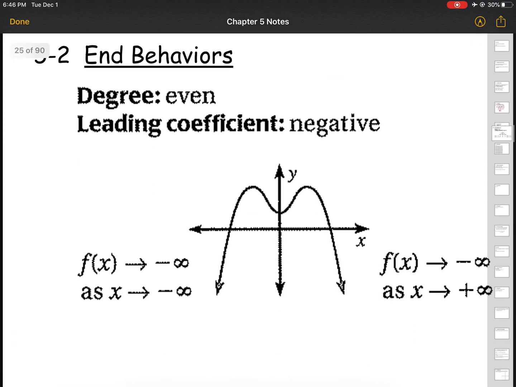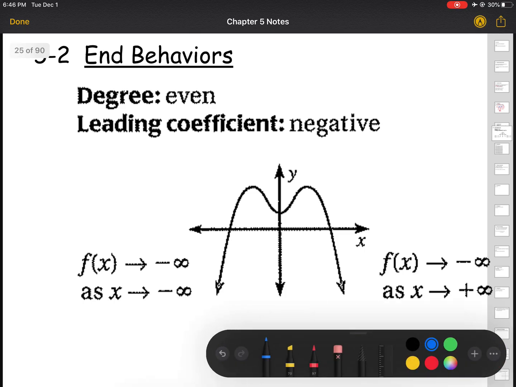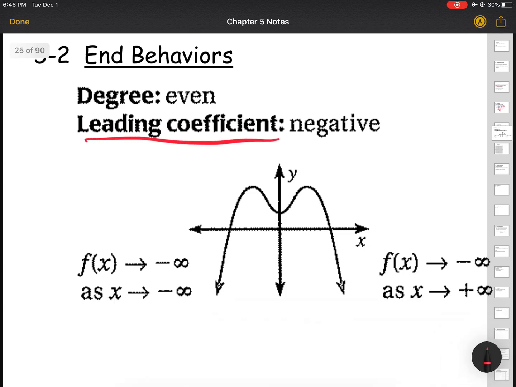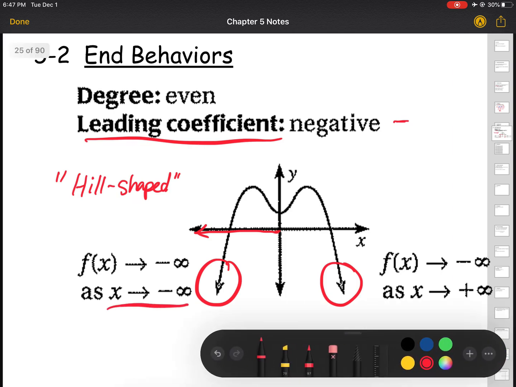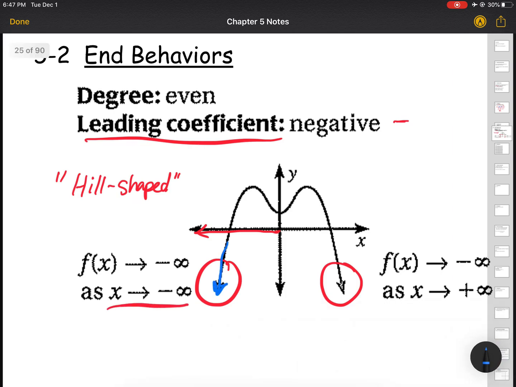But what if my degree is even and negative? Okay, so my leading coefficient's negative, but it's still an even degree. Then these are the hill-shaped kind of graphs because it looks like a hill, okay? And again, looking at the ends here, my end behavior as x goes negative infinity, my graph is going down forever and ever, my polynomial.